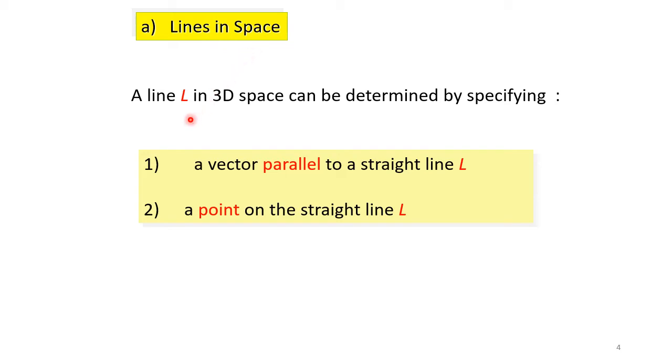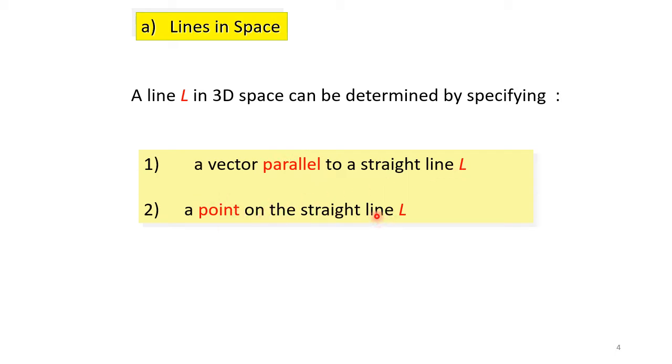Let's say we have a line L in 3D space. To find the equation of L in 3D, we should have two components. The first one is a vector parallel to the straight line L. Remember the keyword here, vector parallel, and then a point on the straight line.